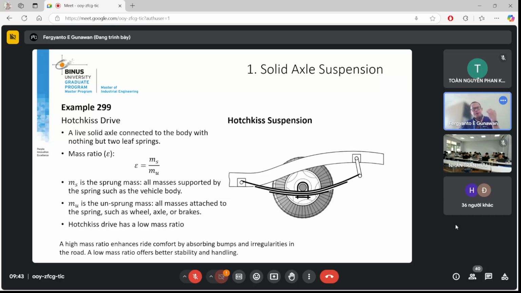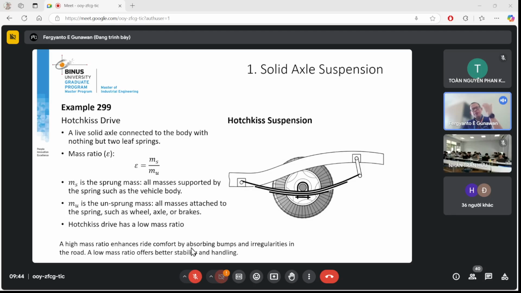Generally speaking, if the ratio is high, which means the unsprung mass is low and the car is heavy, but the supporting system is light, then we improve the comfort of the ride, right?